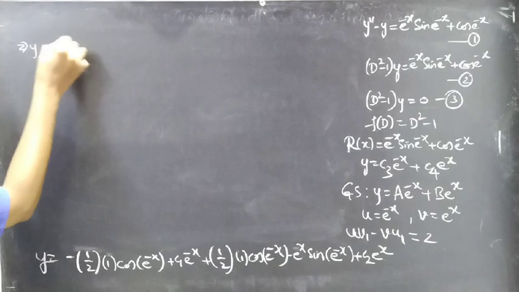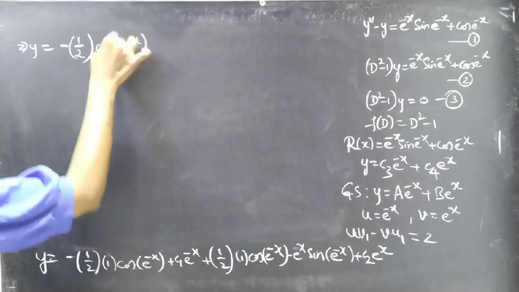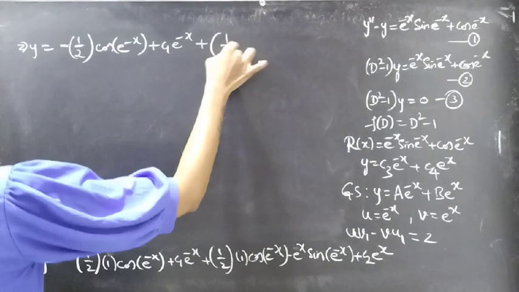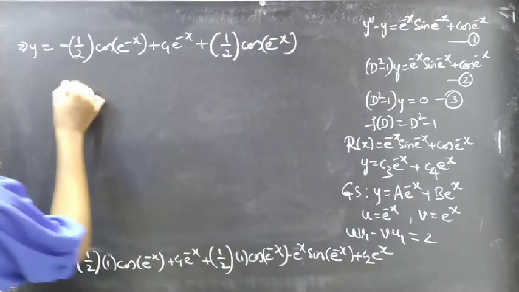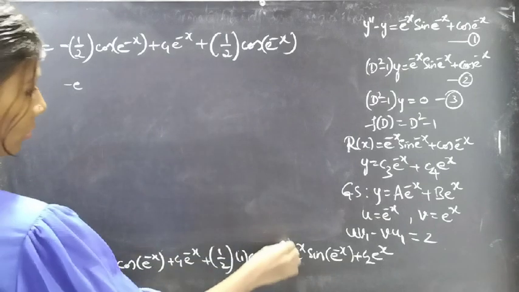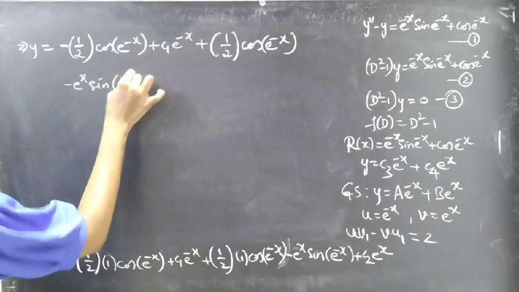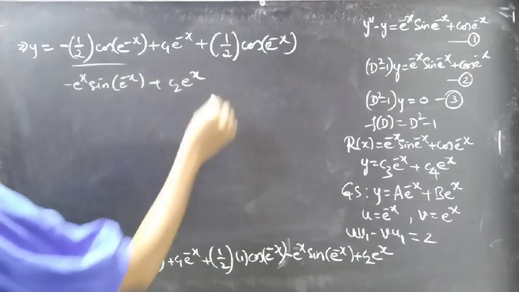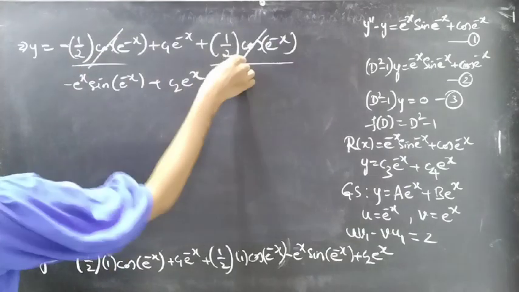You can write this as y equal to minus 1 by 2 cos e power minus x plus c1 e power minus x plus 1 by 2 cos e power minus x minus, it's minus, okay, e power x sin e power minus x plus c2 e power x. So here the minus 1 by 2 cos e power minus x and plus 1 by 2 cos e power minus x get cancelled.